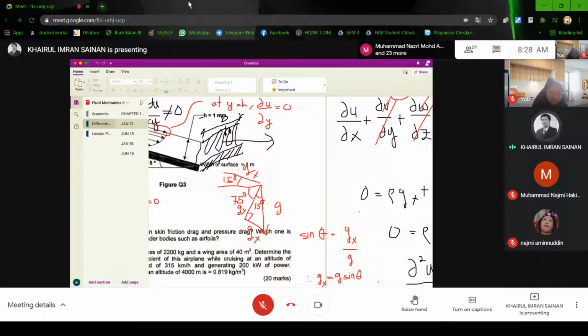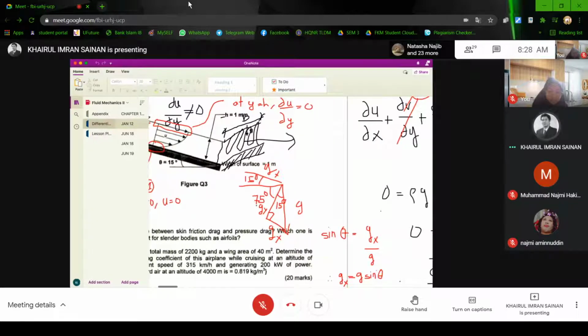So from 75, it becomes 15 degrees once again, which is actually our theta. So for this gx component, we transfer this line to this one. Of course, my drawing, right? So this gx and this gx are actually the same.